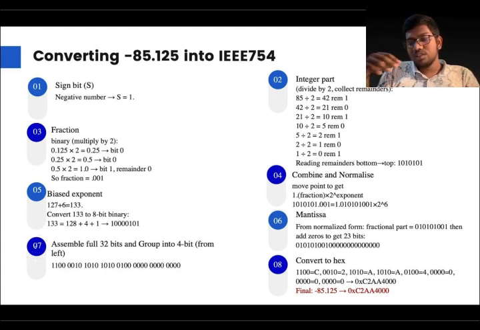Now we convert it to hexadecimal format. What we do is group into 4 bits. So we get 8 groups, each containing 4 bits.